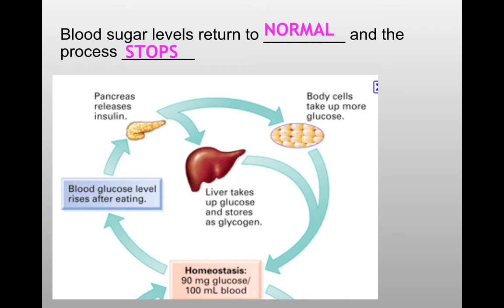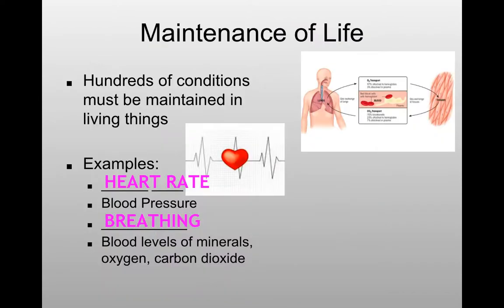So why are we talking about homeostasis when we're in a unit all about membranes? Well, we maintain a lot of regulation by moving things across a membrane. Look inside your body. There are tons of things that have to be regulated in order to keep you living. You have to regulate your heart rate. You have to regulate your blood pressure, how often your heart pumps. Breathing, right?